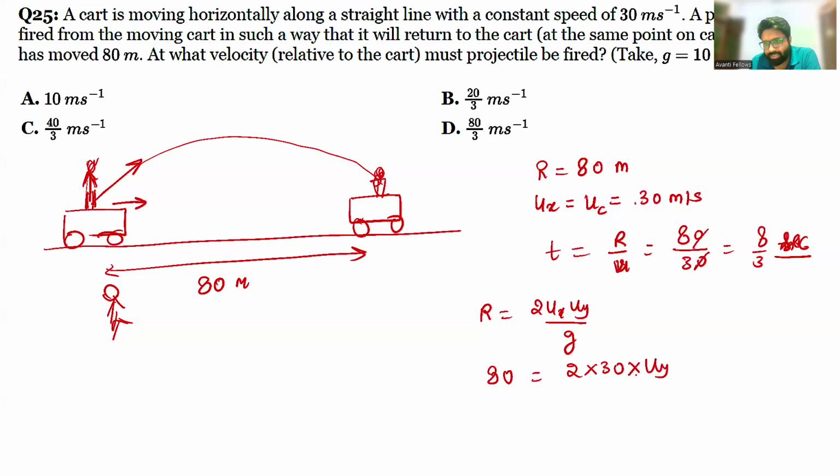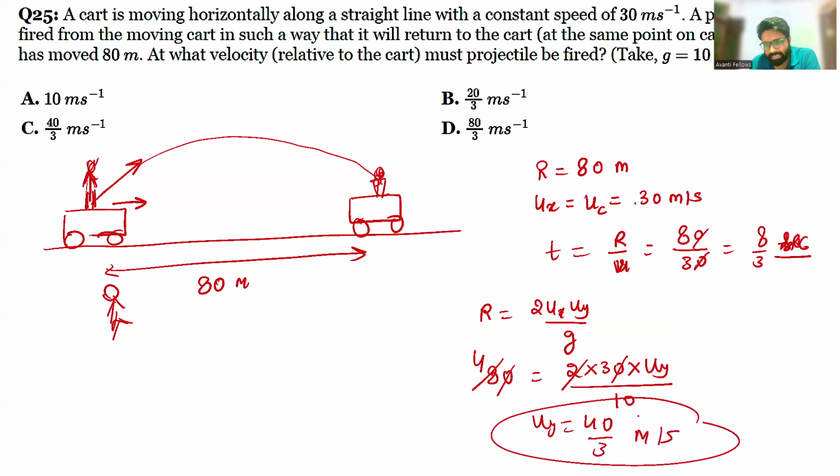Uy we need to calculate, divided by 10. This and this will cancel out. 2 fours are 8, and Vy will become 40 by 3 meter per second. So this velocity we need to give to the projectile so that it will return to the cart at the same point.